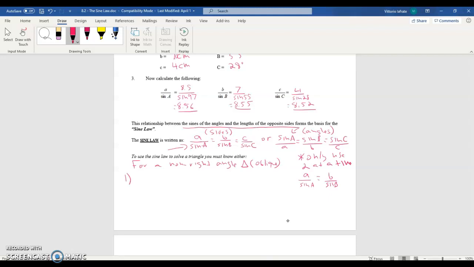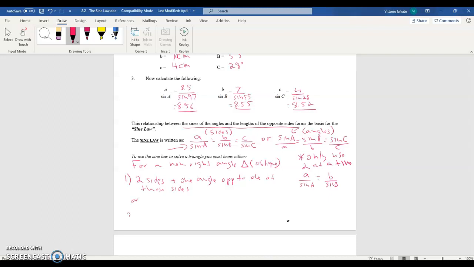One, if you know two sides and one angle opposite to one of those sides, then you can use the sine law. So two sides and one angle opposite to one of those sides.